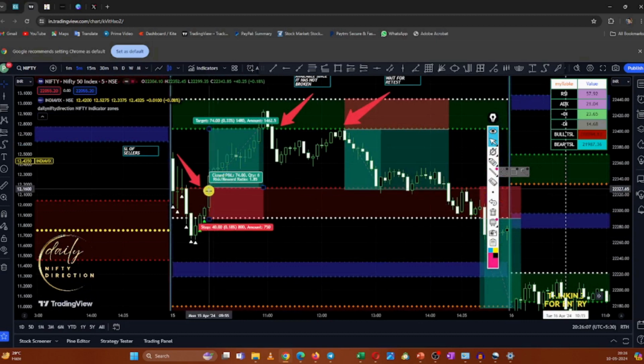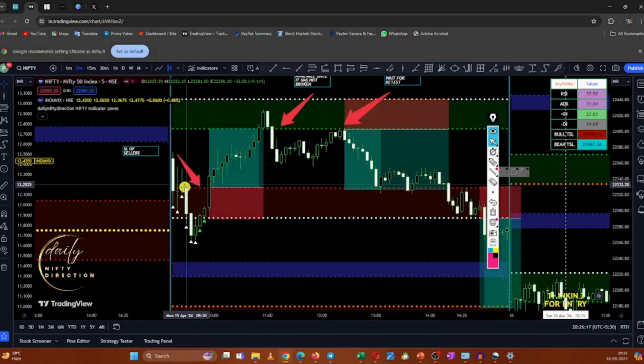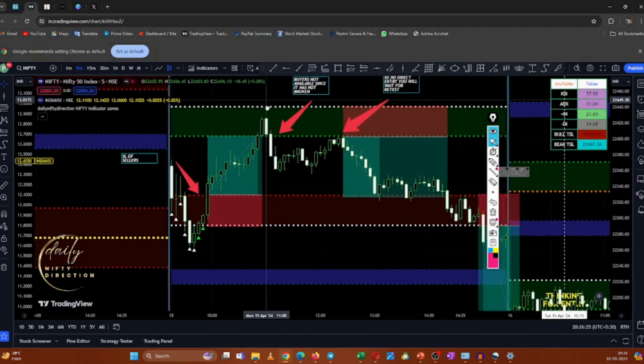Here you can take direct entry because it was breaking out the stop losses of these bearish traders. Okay, but understand the difference here.